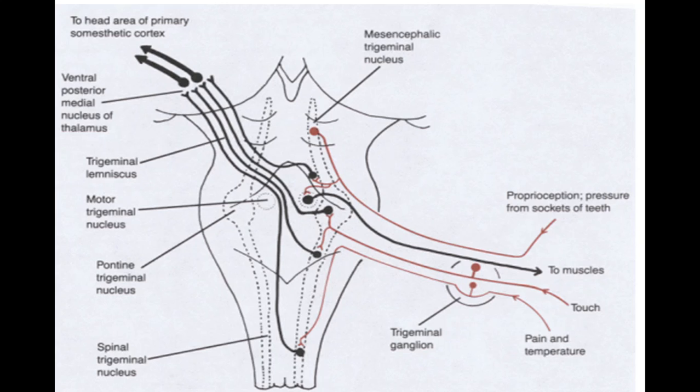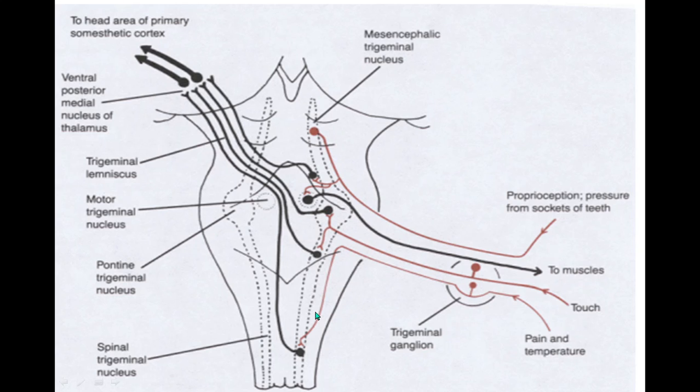All these pain and temperature sensations are carried through these peripheral processes, and they are relayed in the spinal nucleus of the trigeminal nerve. Very important. Okay. Whereas the touch impulses are relayed into the principal sensory nucleus of the trigeminal nerve.